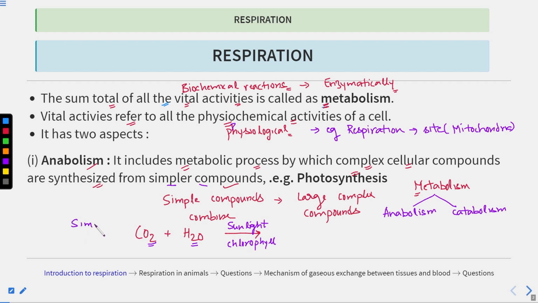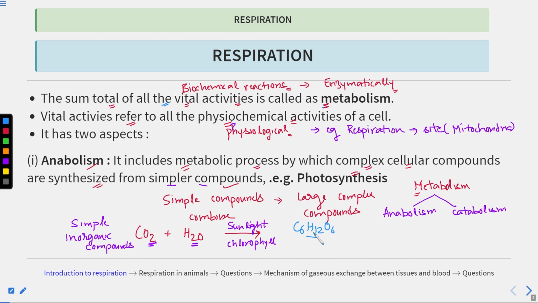So these are simple inorganic compounds. Carbon dioxide and water combine in the presence of sunlight and chlorophyll, and give rise to a glucose molecule, C6H12O6.